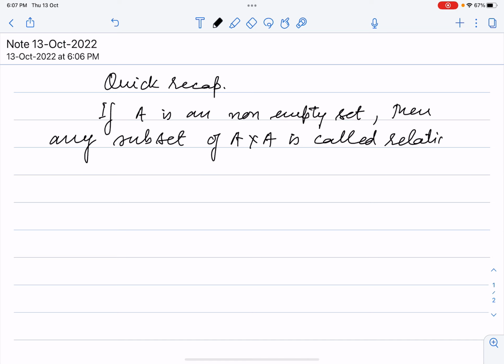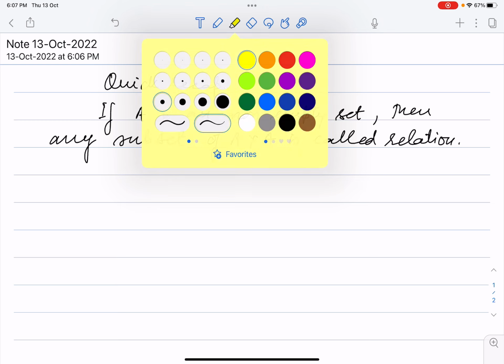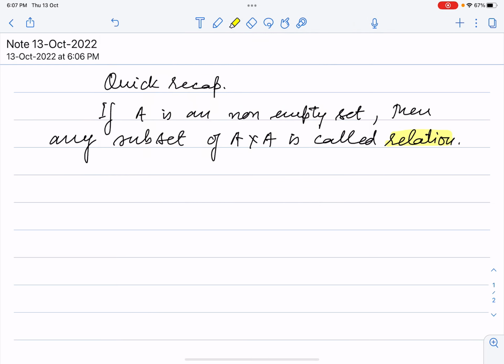So this was the definition of relation, right? Let us repeat it again. If A is any non-empty set, then any subset of A cross A is a relation, and this can be depicted as R is a subset of A cross A.